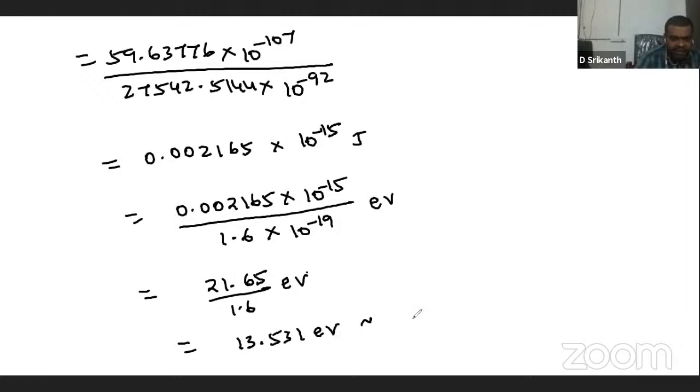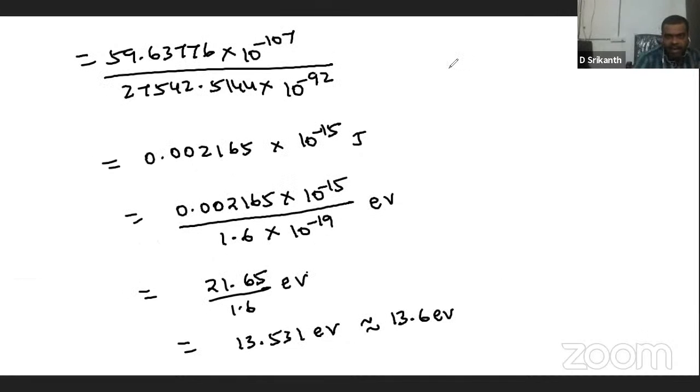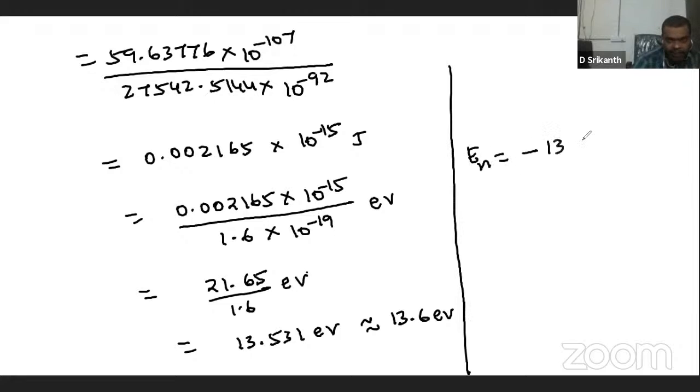Approximately, we'll write it as 13.6 electron volt. So that's why this value is 13.6. So we will write the energy of an electron in the nth orbit as minus 13.6 Z square by n square.